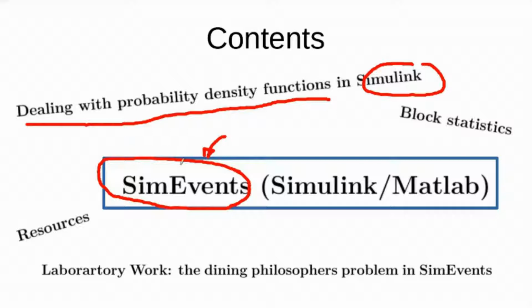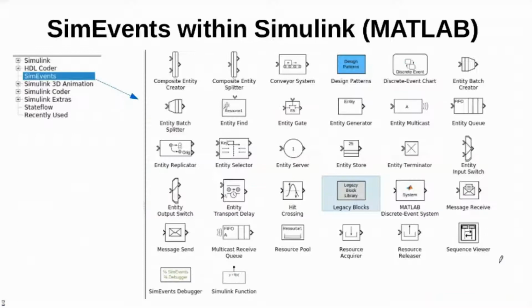This SimEvents toolbox uses block statistics, resources, and probability density functions in general. And obviously, the state of the system will change depending on the events on the system. Finally, the laboratory work will be the dining philosophers problem, but translated into this new toolbox, SimEvents.